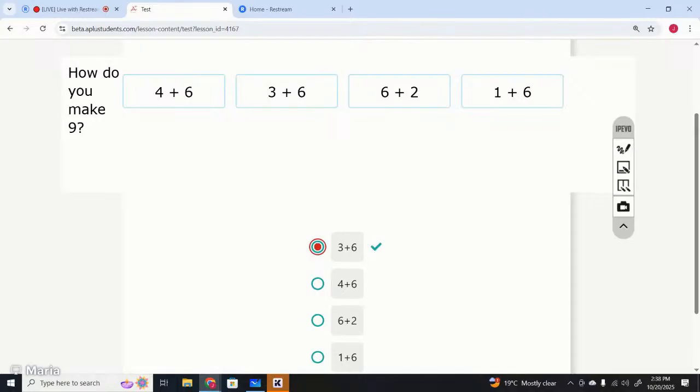Option number 1 is the correct option. How do you make 3? That is 2 plus 1. Option number 2 is the correct option.